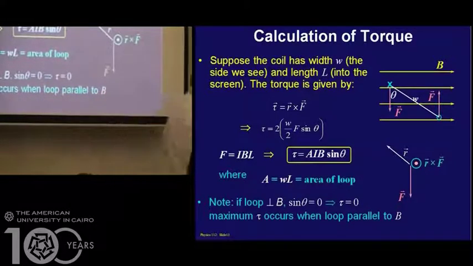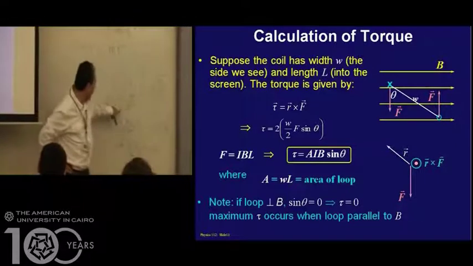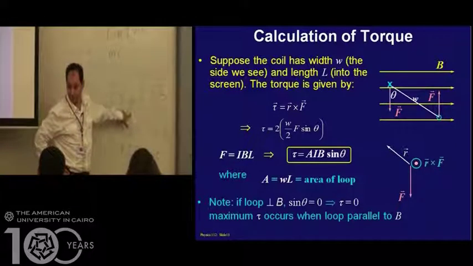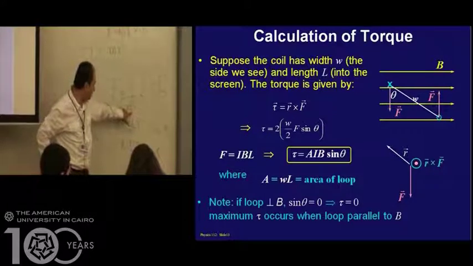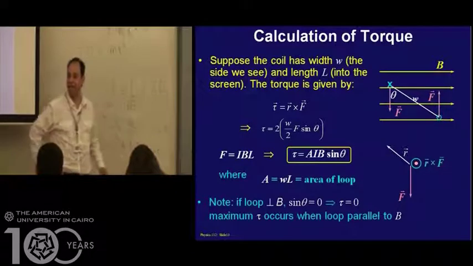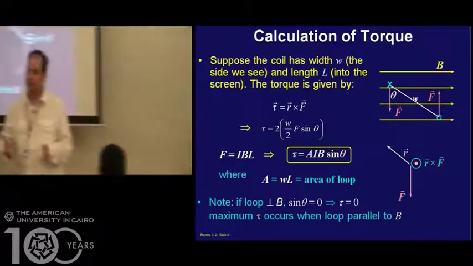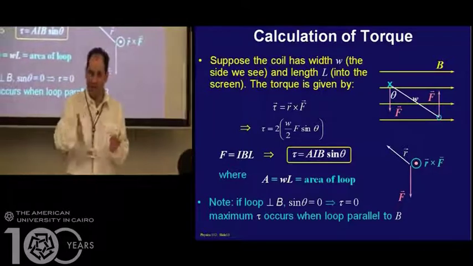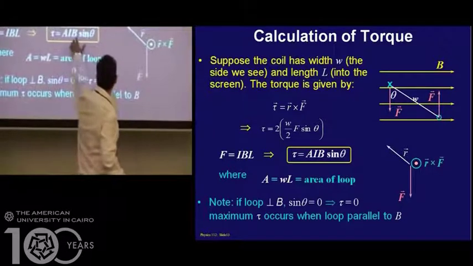We started by having the angle between R and F, and that's why we got theta. Now, when I get that equation, I have to translate that angle to something else, which is the angle between the magnetic field and the area, according to that equation.